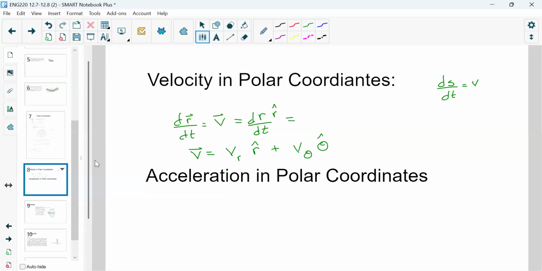This one we have to use chain rule on, so you're gonna have r d by dt r hat plus r hat d dr dt.